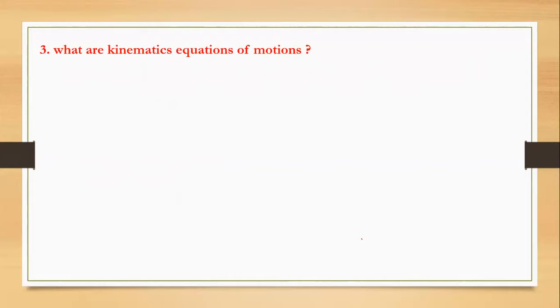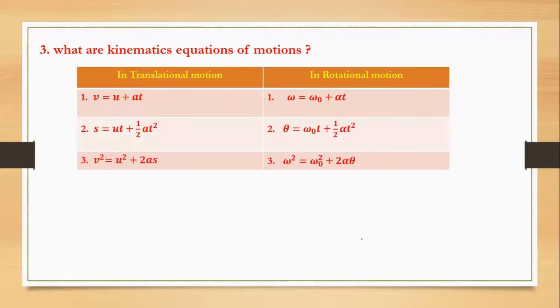Kinematical equations. We already learned 3 kinematical equations related to translational motion in the previous standard. So here we have to learn kinematical equations related to translational motion as well as rotational motion. Now see here, all the 3 equations are displayed. The first equation you can see, V is equal to U plus AT.